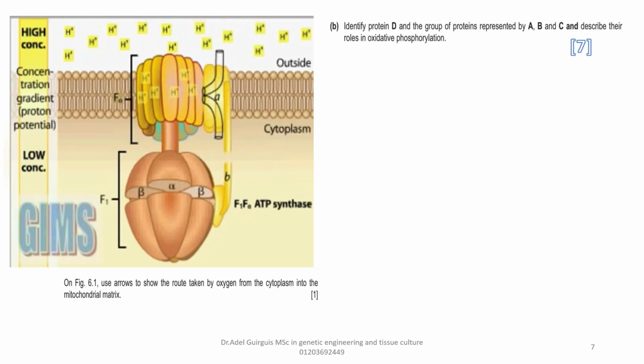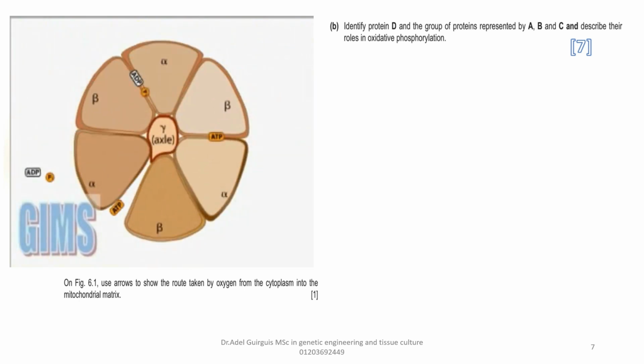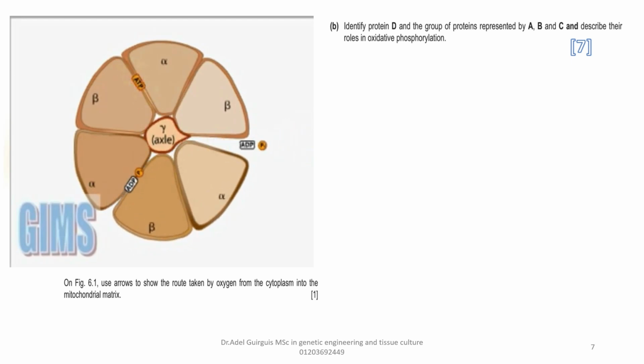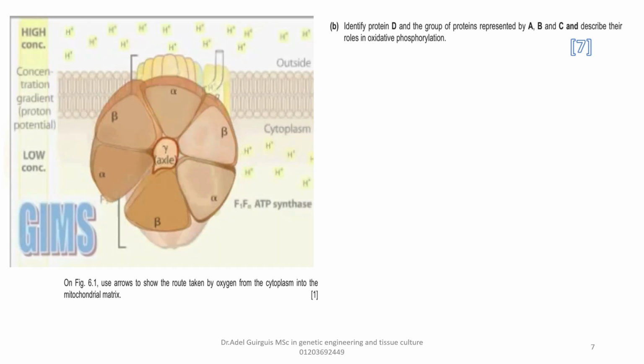F1 is held in place by its connection to the membrane through the A and B subunits. However, the axial turning inside F1 causes F1 to change conformation, catalyzing the formation of ATP from ADP and inorganic phosphate. An ATP molecule is produced for every 3 protons that cross the membrane through the ATP synthase channel.